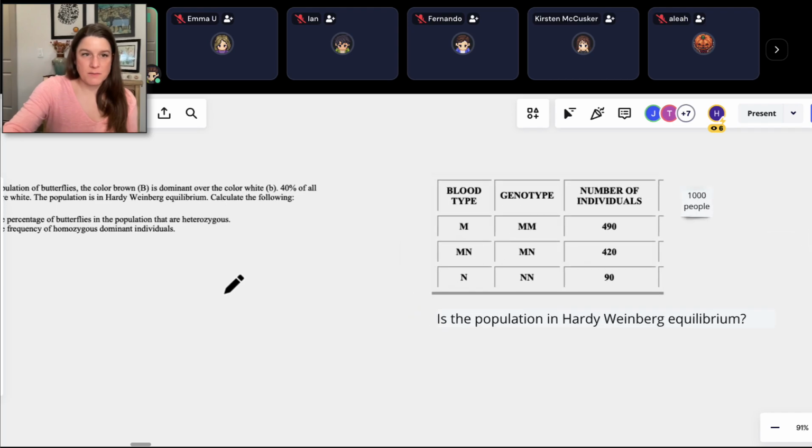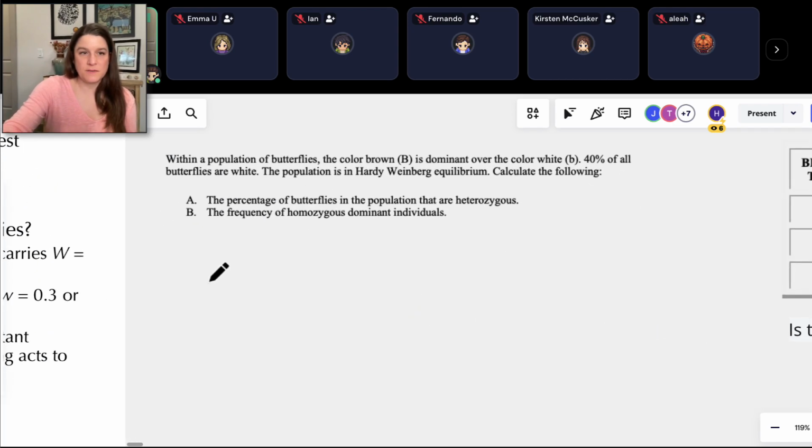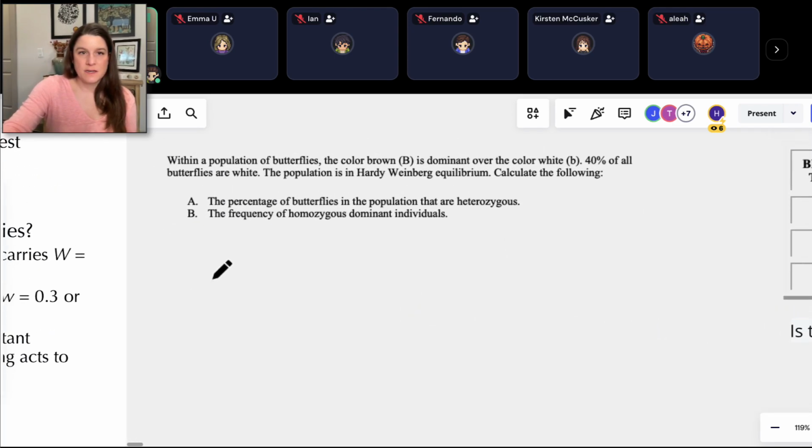Let's go down to this problem here. There's a problem about butterflies near the end of these slides. It's the easy one to do. Within a population of butterflies, the color brown, which is coded for by big B, is dominant over the color white, coded for by the little b allele. So that's the B gene. There are two versions of it, one coding for brown, one coding for white.